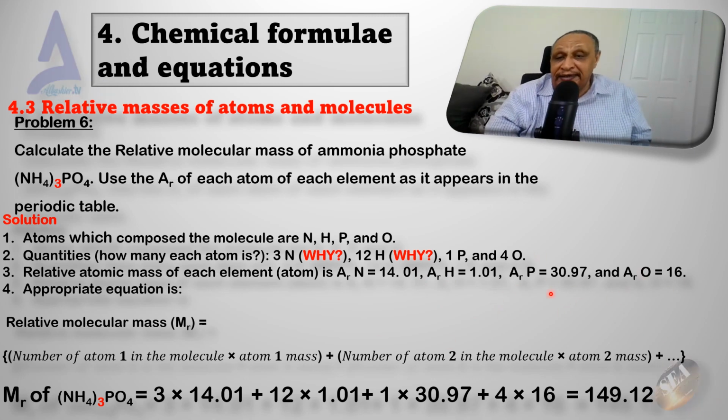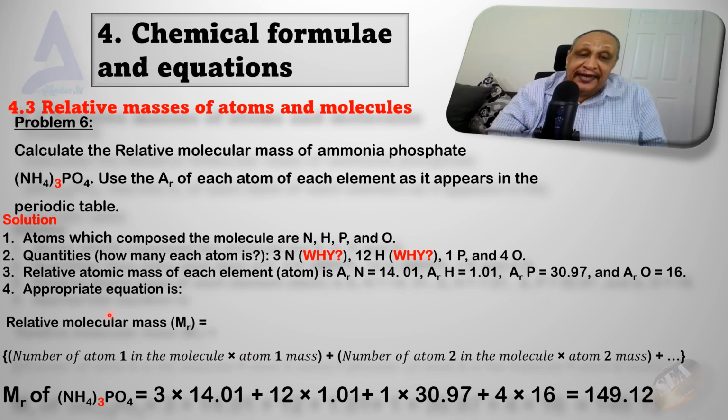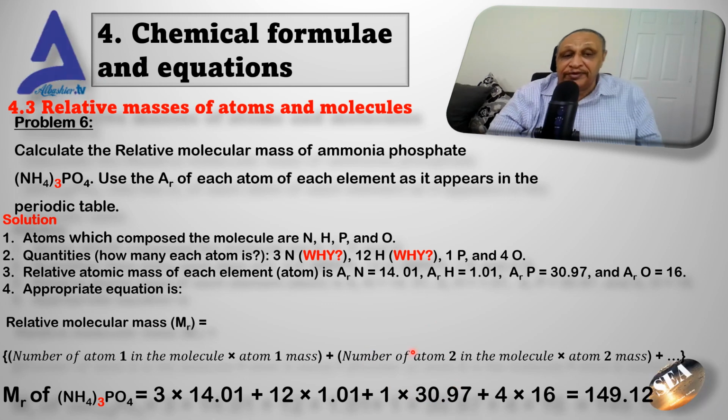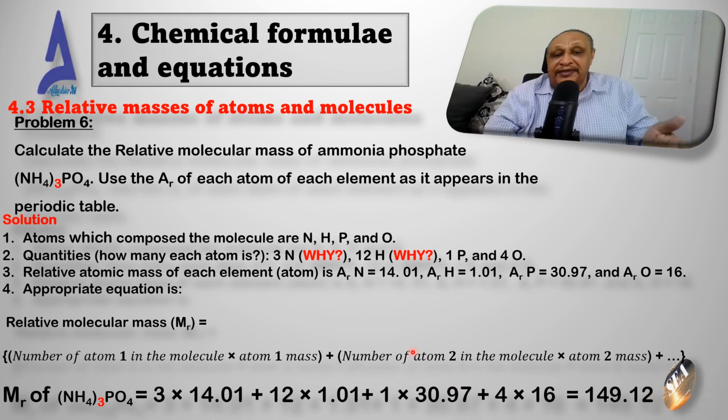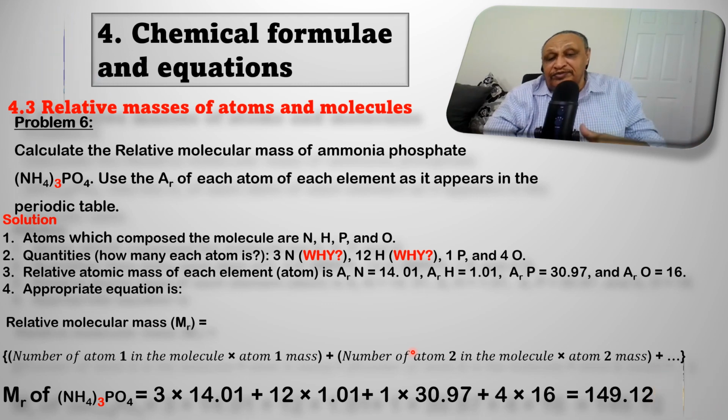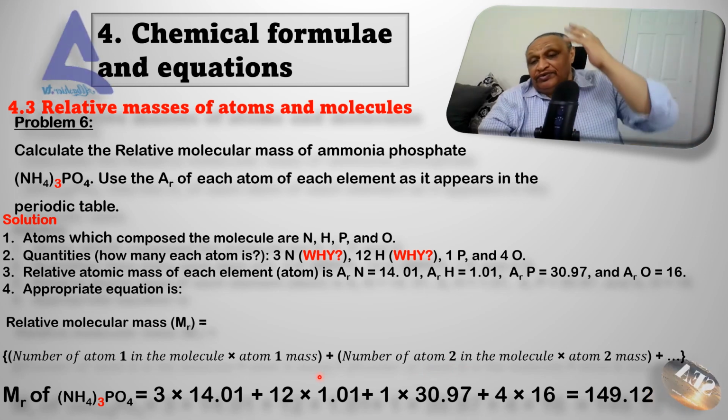The new one is the phosphorus, which is 30.97. Then for the relative atomic mass, as usual, it is the same formula: the number of atom 1 in a molecule multiplied by atom 1 mass, plus the number of atom 2 in the molecule multiplied by its mass, and so on.